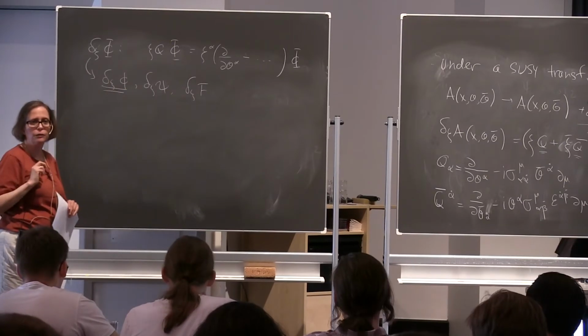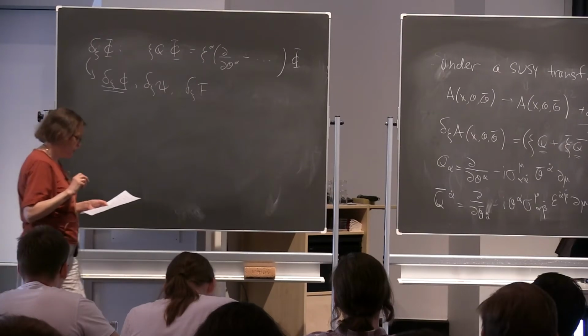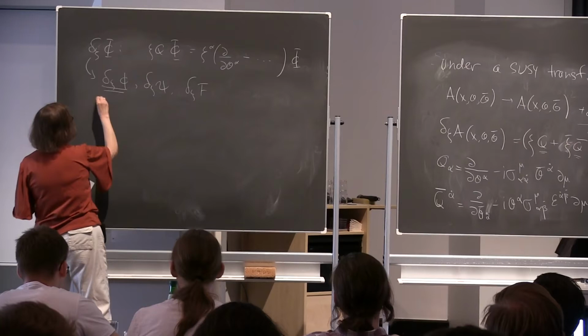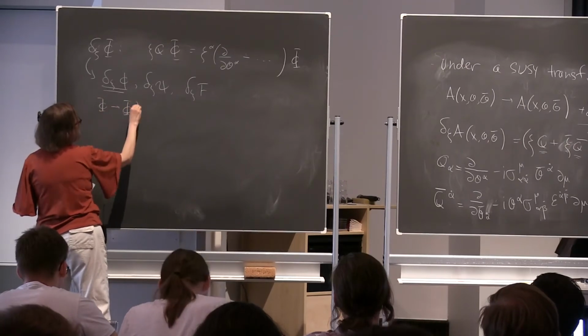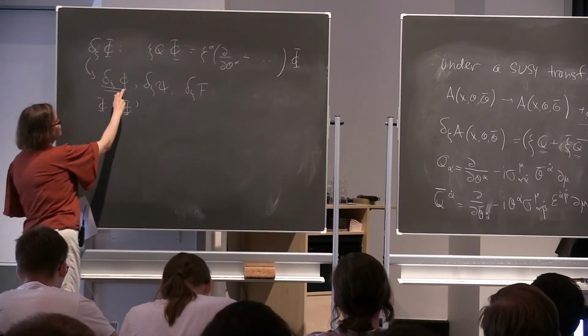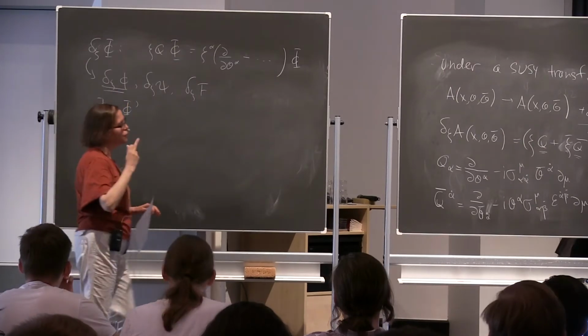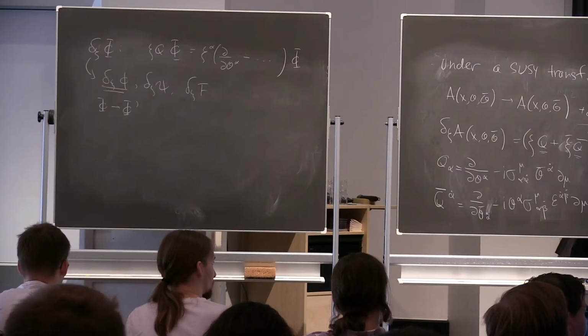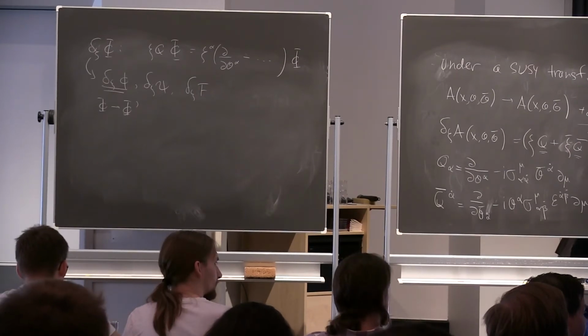So let me for now do the first one. Just look at the SUSY transformation of the scalar. So what am I supposed to do? Phi is going to go to some phi prime, and the scalar field is just the first component, the lowest component in the expansion. It's the thing that appears with no thetas.